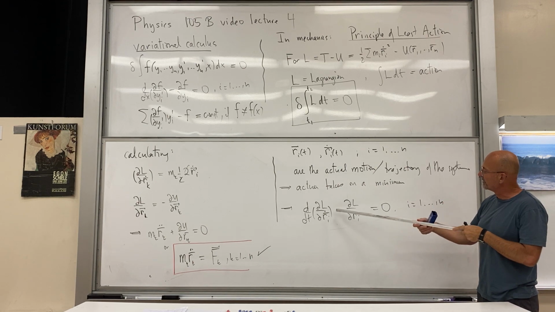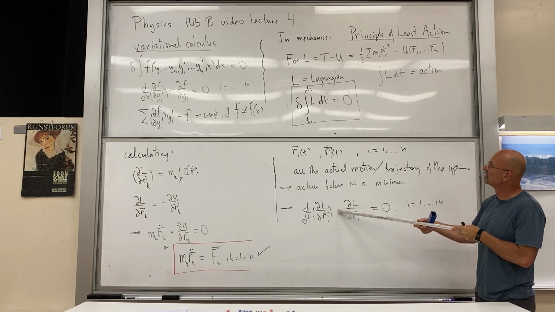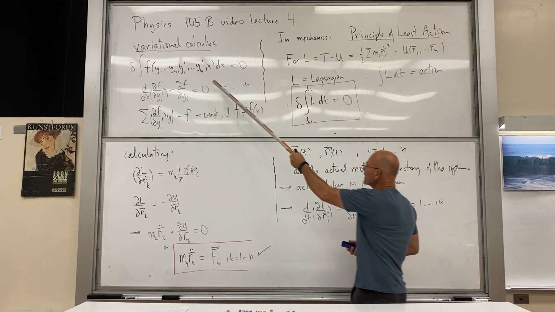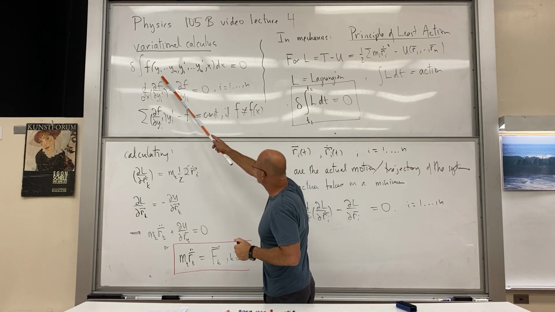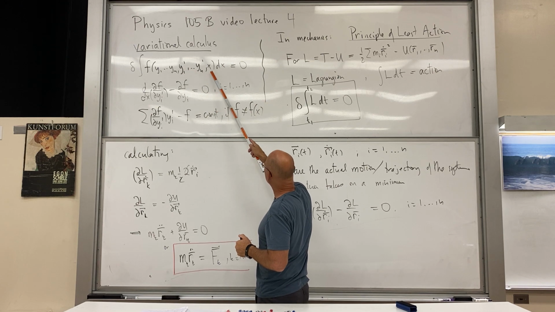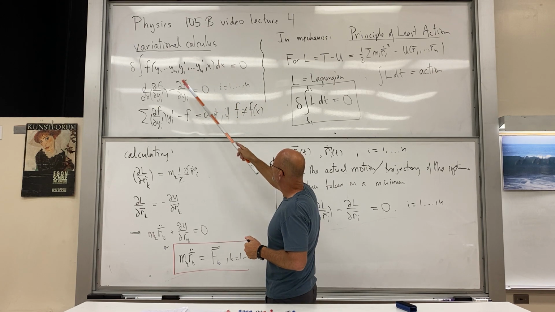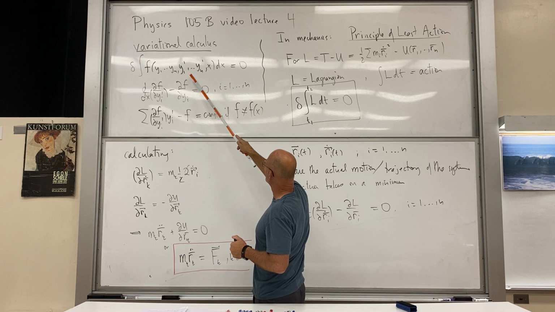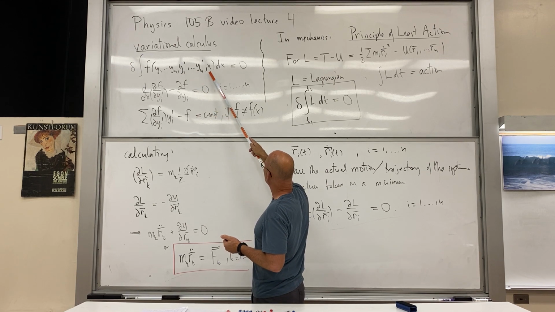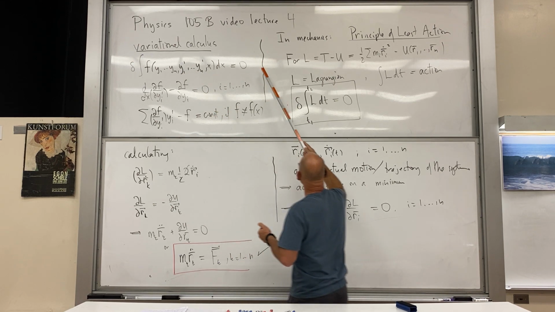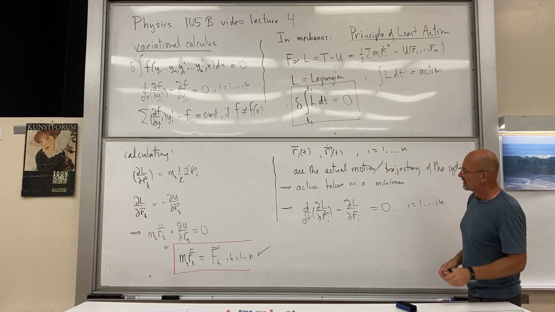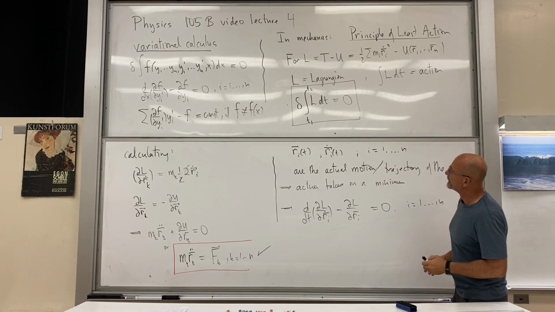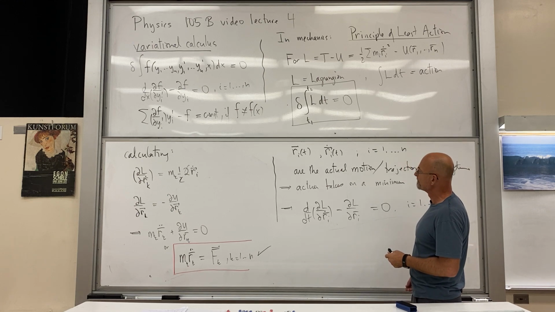Make sure, by the way, you do this translation between here and here so you really see what's going on. This is positions, velocities, and time. So these are my r's and my r dots, r primes, and this is the time parameter when we take it over to here.